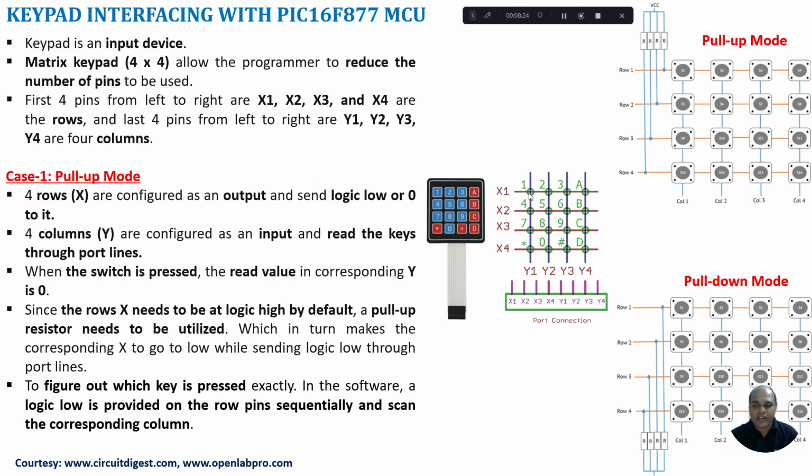So whenever switch 1 is pressed, the ASCII value will be returned. ASCII value of 1 is 0x31, so that 0x31 will be returned. In the same way, whenever switch 9 is pressed, it should be mapped with the ASCII value of 9. Whenever B is pressed, it should be mapped with the ASCII value of B. Like that, each key is mapped with an ASCII value.